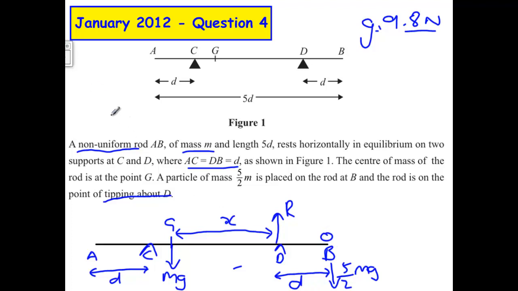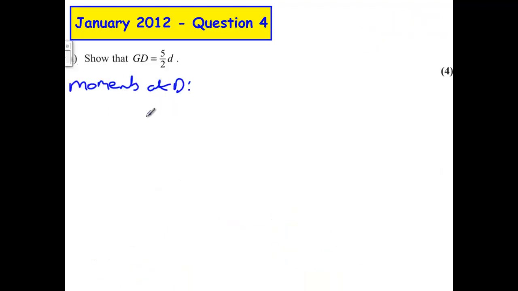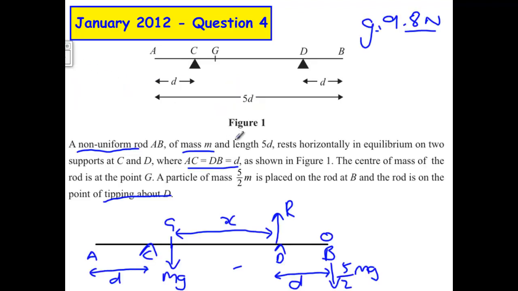So the weight of the particle is equal to 5/2 mg, and I'm going to times that by d because it's a distance d, small d, from the point D on the rod.